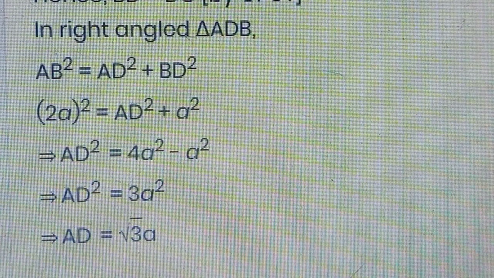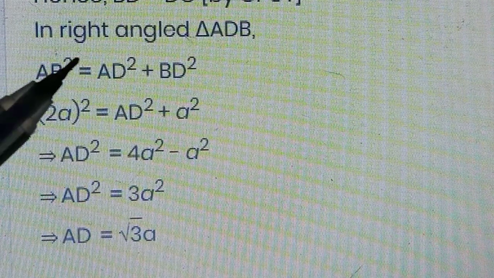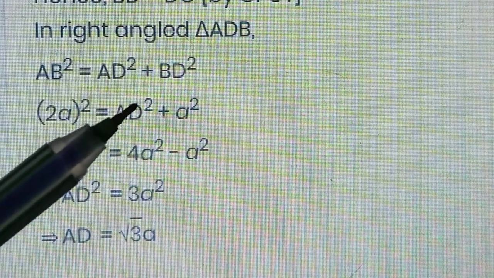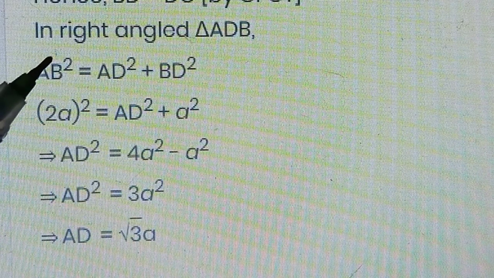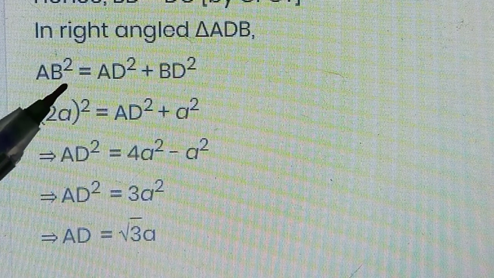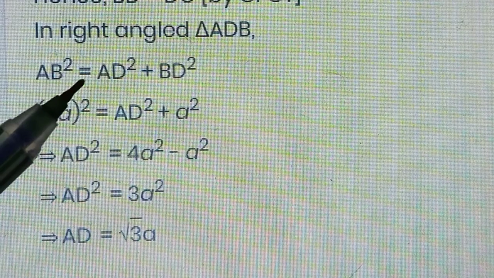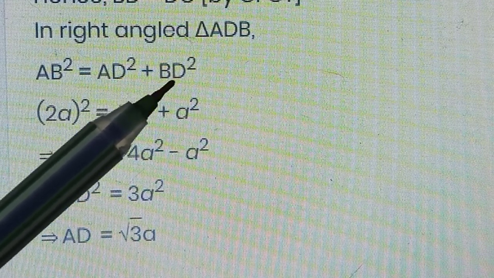So after showing that figure clearly, you will simply present it as, you would say that in right angle triangle ADB, or as I said, you can take ADC also, the argument will be the same. So this time if we've taken triangle ADB, one of the right angle triangle formed, then its hypotenuse AB square will be equal to AD, that altitude which we have to find, and the other side BD.